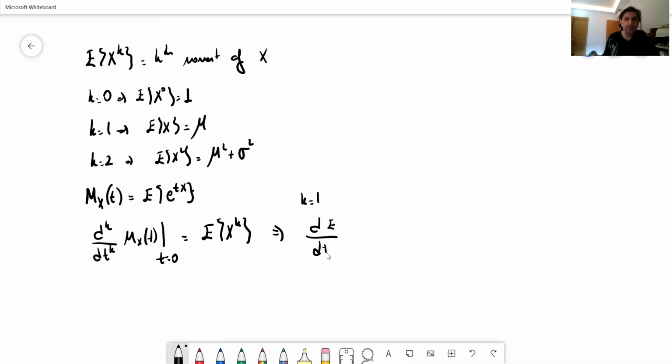Instead of this one, we are going to write the expected value of exponential tx, right? Since the derivative and the expectation are linear operators, we can write this as the expected value of the derivative of exponential tx with respect to t, and note that these are going to be at t equal to 0.